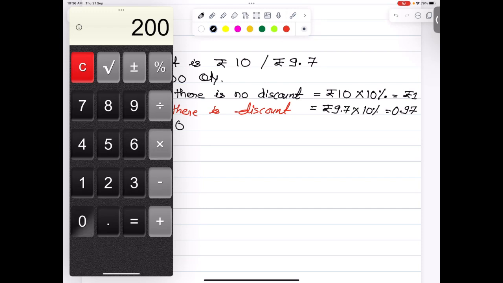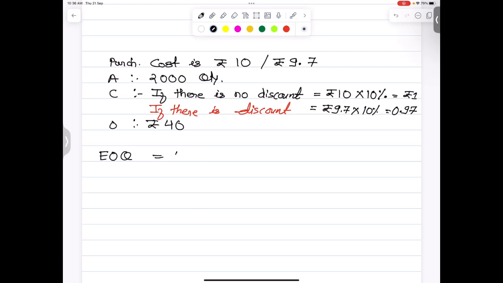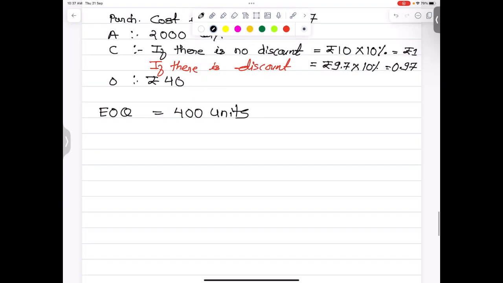Let's calculate the economic order quantity. 2 into 2000 multiplied by 40 rupee of ordering cost divided by 1 rupee of carrying cost per annum. So it will be 400 units. So the scientific formula is suggesting that you should order only 400 units at a single time. Okay.